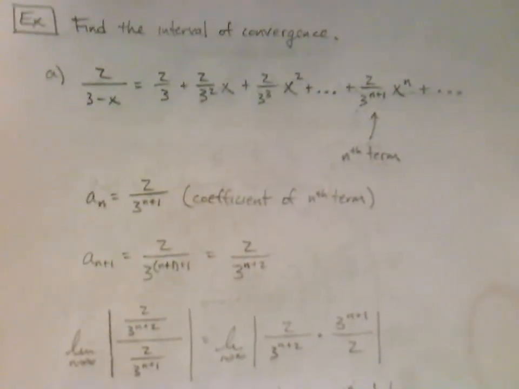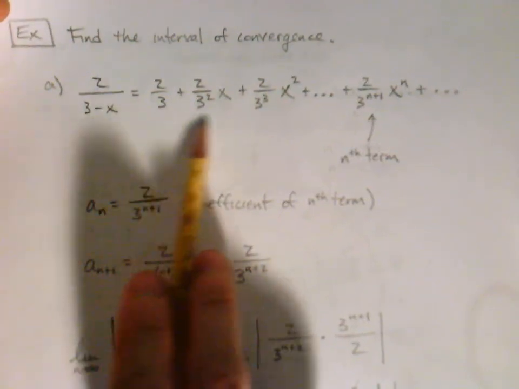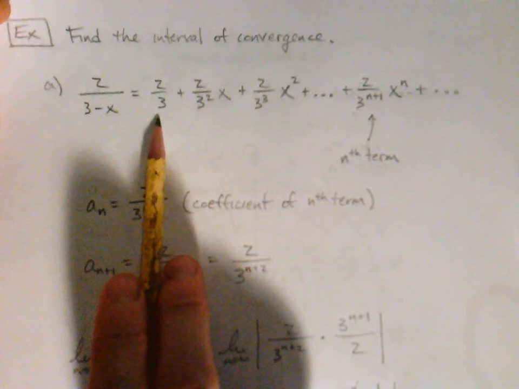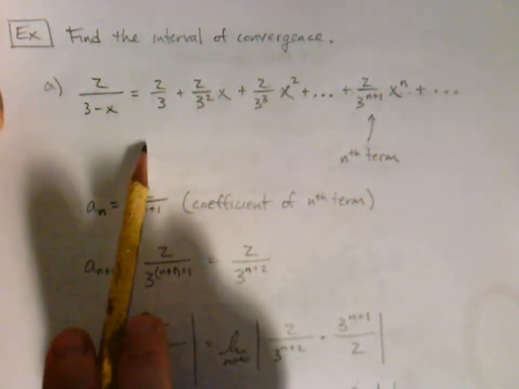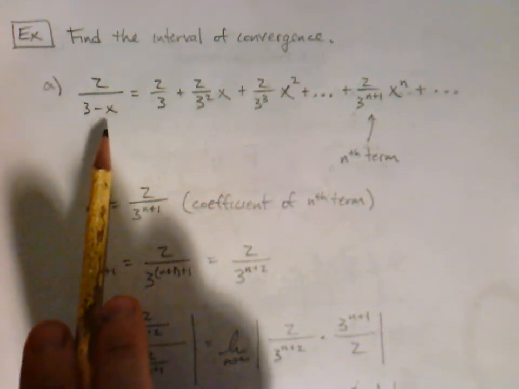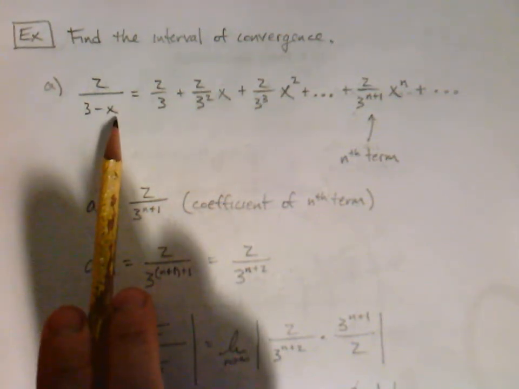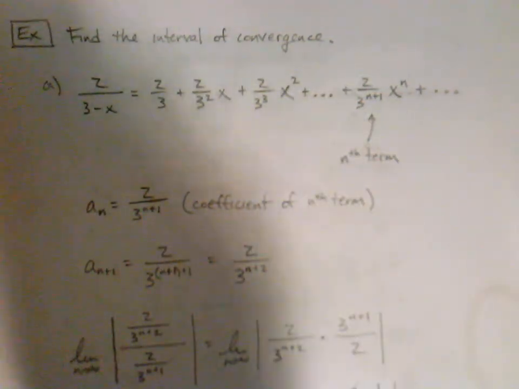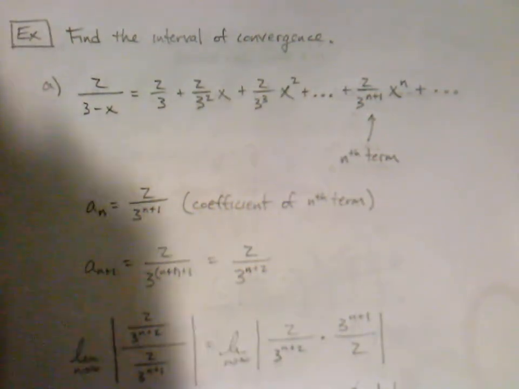So just kind of think back on this. This function will equal this Taylor series, but only for values of x between -3 and +3. So, if we picked x equals 1, and plugged it in here and plugged it in there, and started adding up terms, the more we add, the closer it would get on this side.